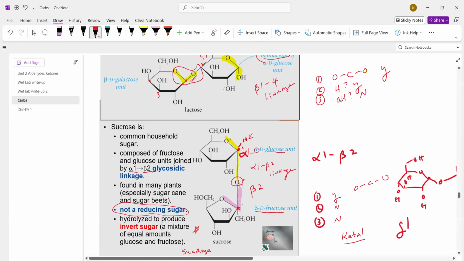No. Okay, so that's going to be an acetal. So we have no hemiacetal present. Now, hemiketals, as I was going through last week, can be converted to a hemiacetal. So hemiketals can form reducing sugars. Okay, so this is not a reducing sugar because there is no hemiacetal present.